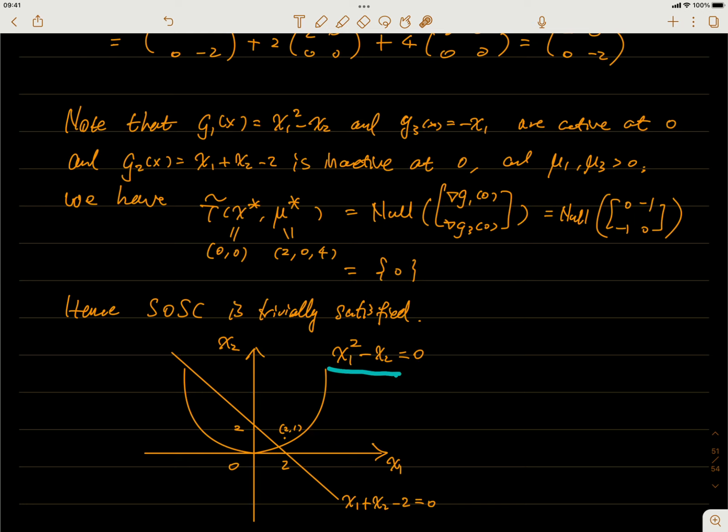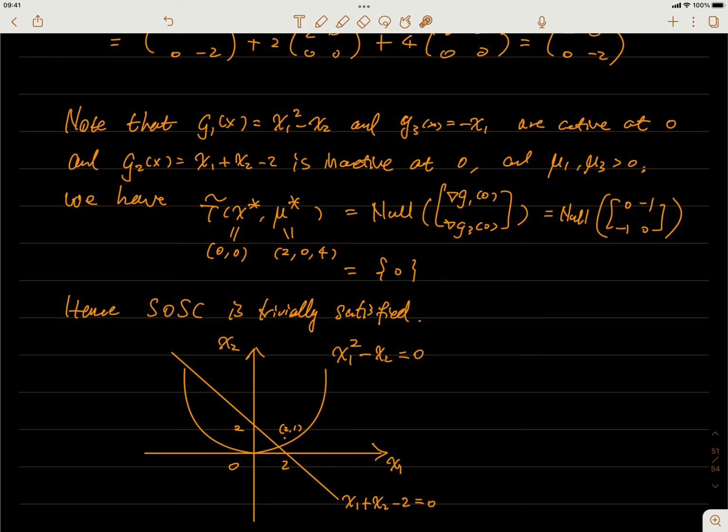This is x1 squared minus x2 equal to 0, right? So this is just a quadratic. x1 squared minus x2 less than or equal to 0 means x1 squared is less than or equal to x2. That means x2 is greater than or equal to x1 squared, so that means this area. Okay, so this is the first constraint, the solution must be living here.